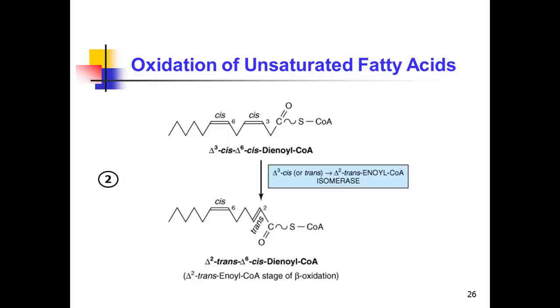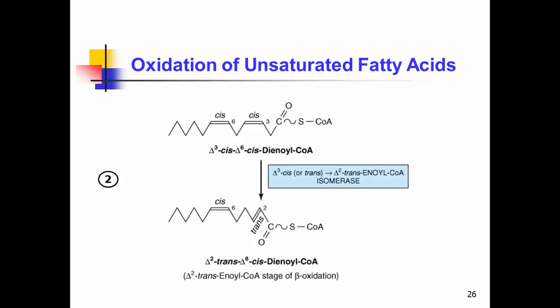So the enzyme for this rearrangement is called isomerase, right? So isomerase catalyzes the rearrangement of the double bonds. So you see the movement of the double bonds, 3, 4, 5, 6.